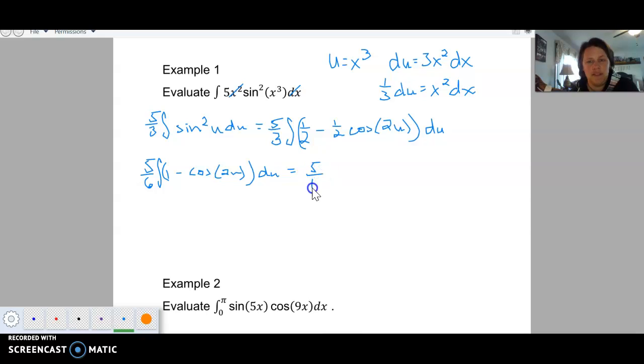So I've got 5/6 times u minus 1/2, integral of cosine is going to be negative sine. No, positive sine. So sine of 2u, and then plus c.